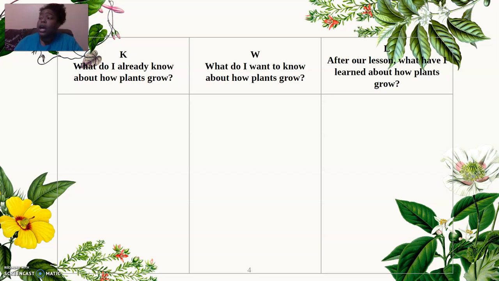Now, again, this lesson is going to take quite some time. We are going to be doing other science things while this is still going on. So don't get frustrated or discouraged if you don't see automatic growth or if we don't progress as quickly as you think we should.